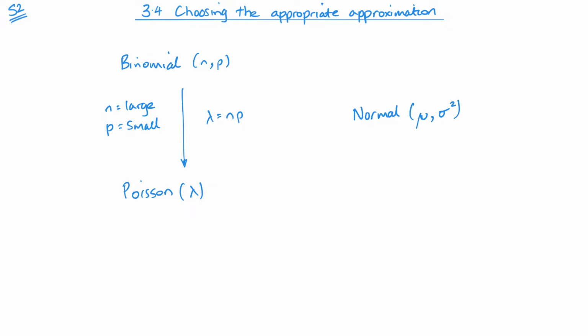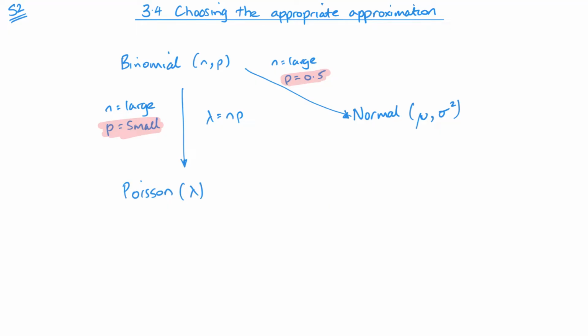Here, if n is again large, this time p has to be close to a half. So here you can see really the difference between the two. When you look at an approximation, it's whether p is small or p is close to 1/2.